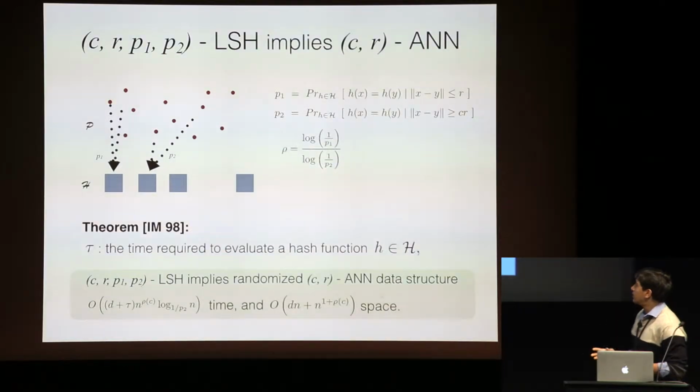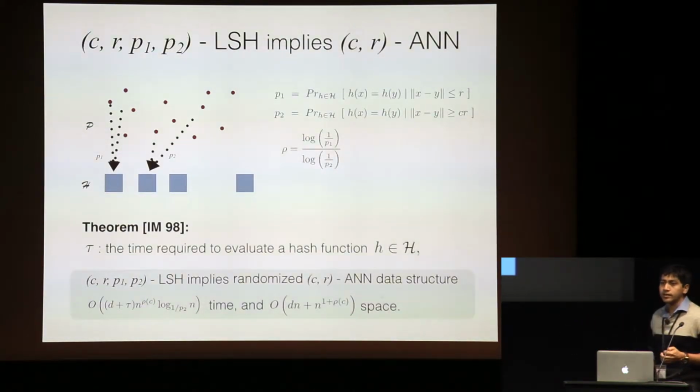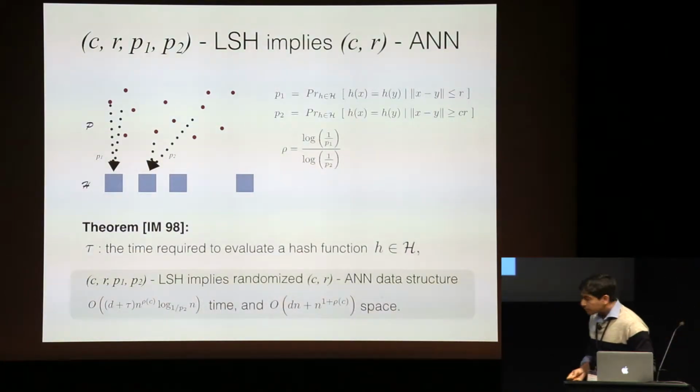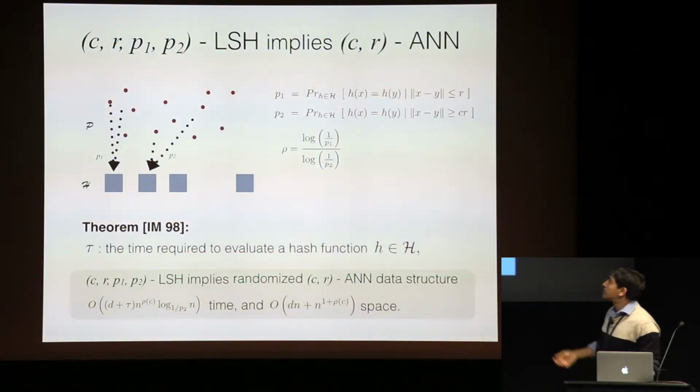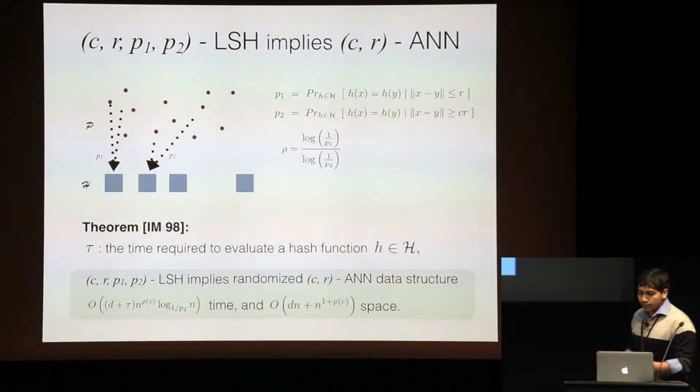Basically, if you have any non-trivial family of hash functions, rho is less than 1, and you get a sublinear time and subquadratic space algorithm. The way you use the LSH family is you hash the query again and take all the database points which hash to the same bucket.